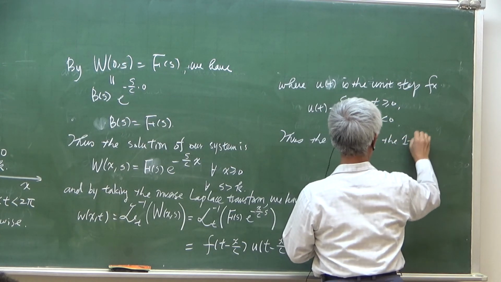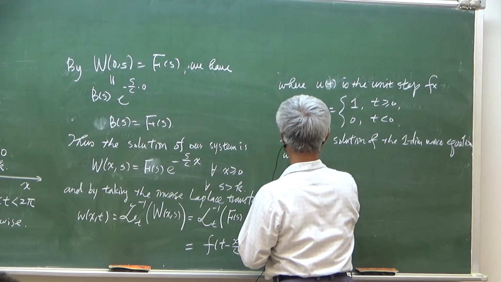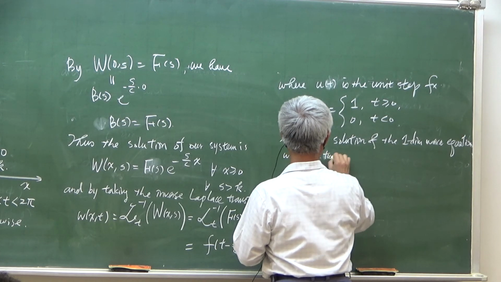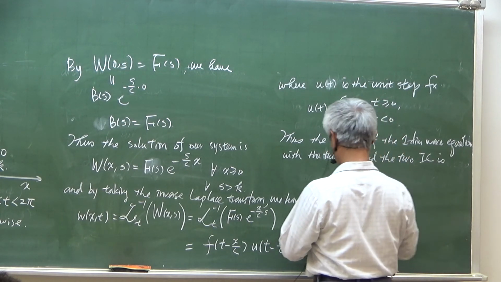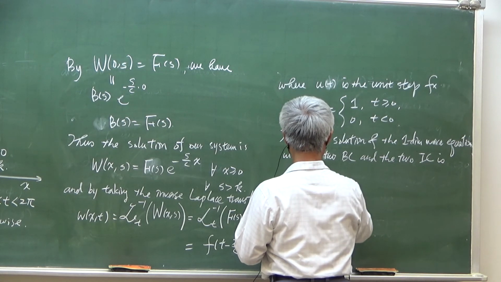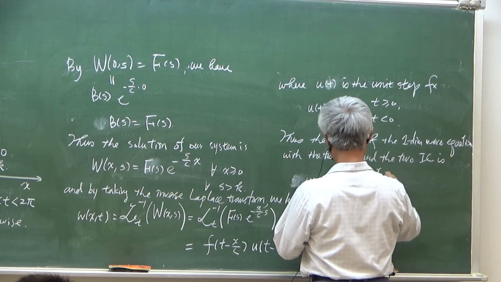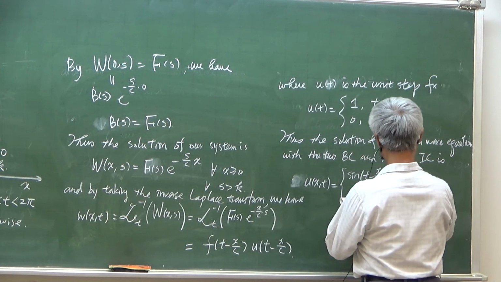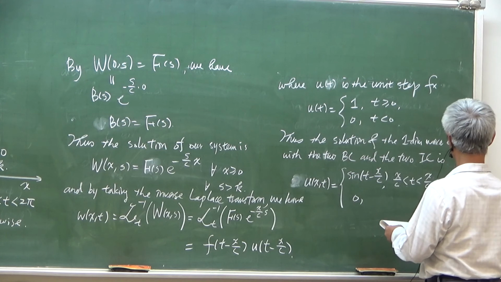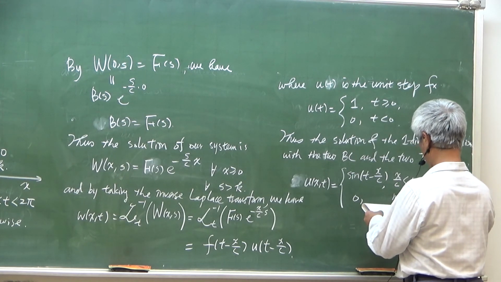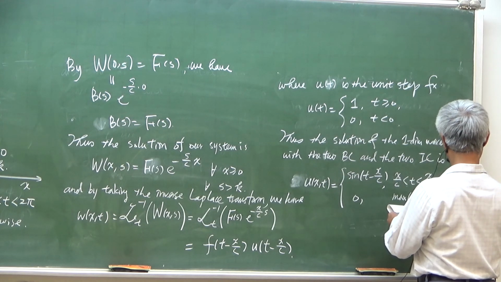of the one-dimensional wave equation with the two boundary conditions and the two initial conditions: u(x,t) equals sin(t - x/c) when t is in between x/c and 2π + x/c, and 0 otherwise.